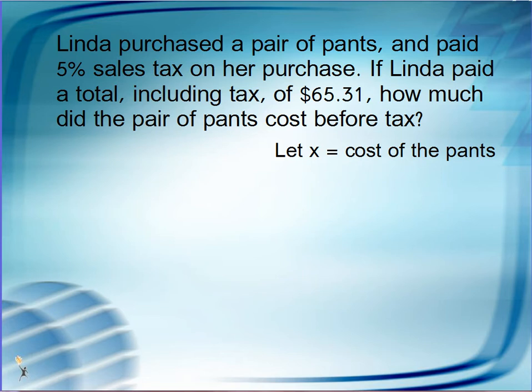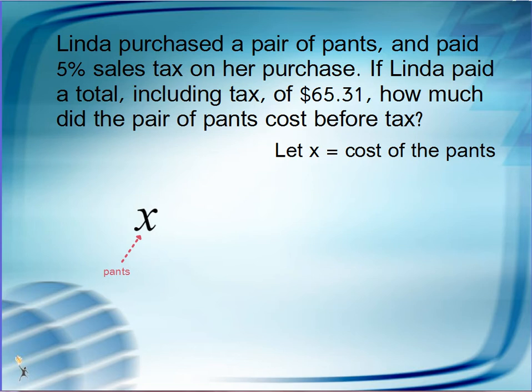So when you go shopping, you pay a certain price, let's say for a pair of pants. And then what happens if you have to pay sales tax? In this case, it says that Linda had to pay 5% on her purchase. Since she only purchased the pair of pants, she has to add on to her price 5% of what the pants cost.